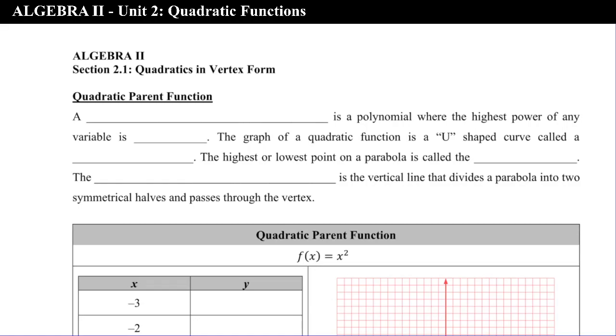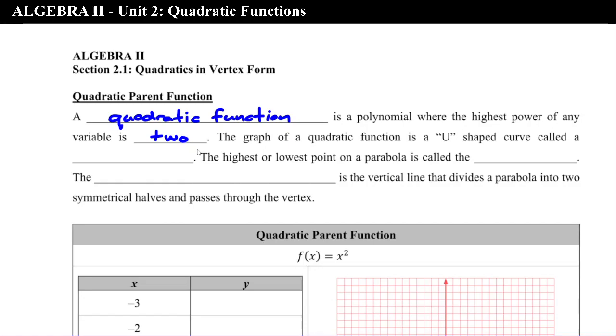Well, we have a quadratic function as a polynomial where the highest power of any variable is 2. So you can have x squared, but you cannot have x to the third, x to the fourth, fifth, sixth, and so on.